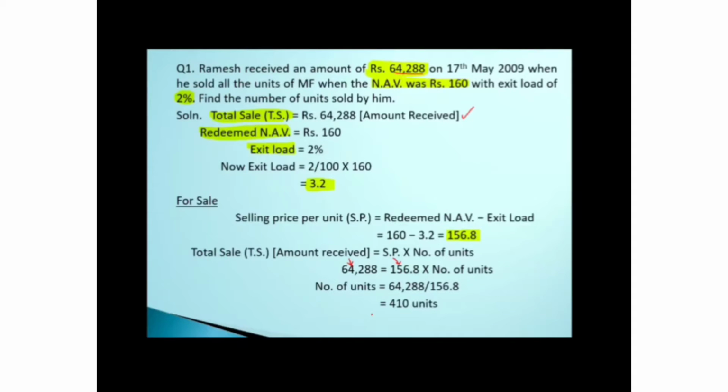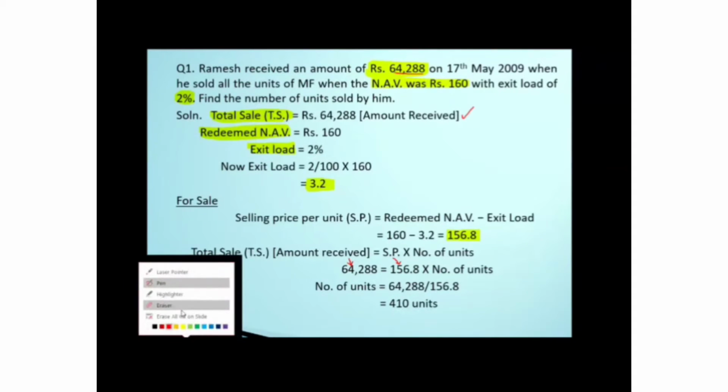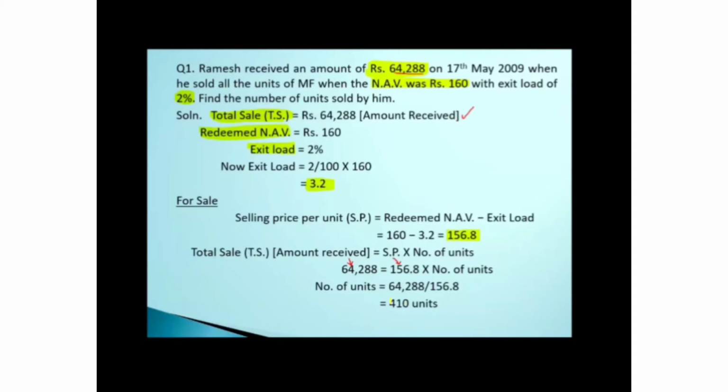We also get the answer as 410. So this is how the number of units has been calculated with respect to the sale of the mutual fund. Everyone has completed this. Have you taken the solution of this first question?